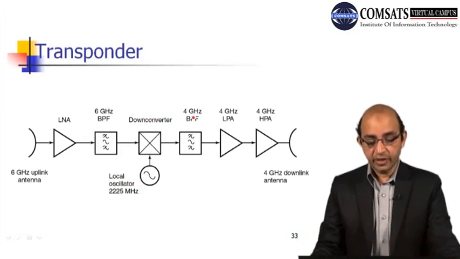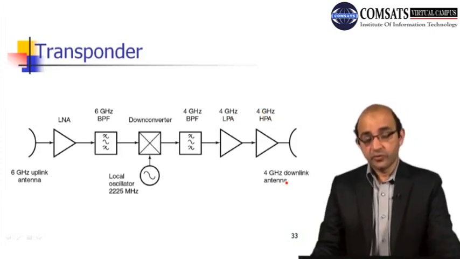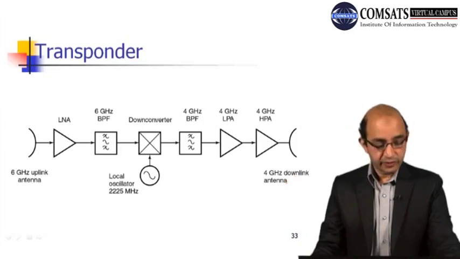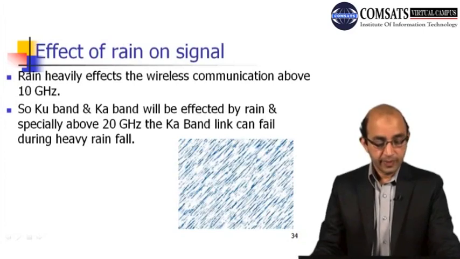And here we have a 4 gigahertz band pass filter, 4 gigahertz low power amplifier. So here we have the HPA, high power amplifier, 4 gigahertz. So this is for downlink and this is for uplink. So this is the block diagram of a transponder.